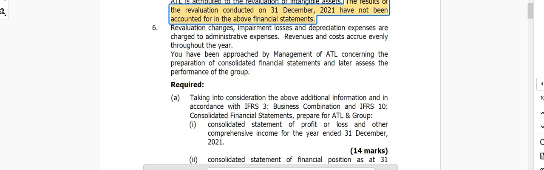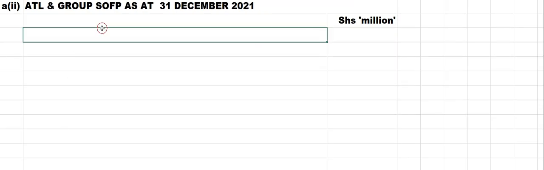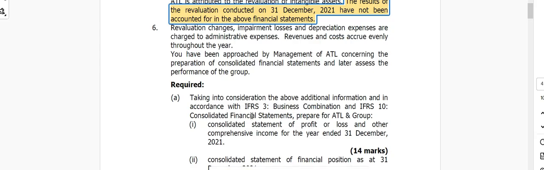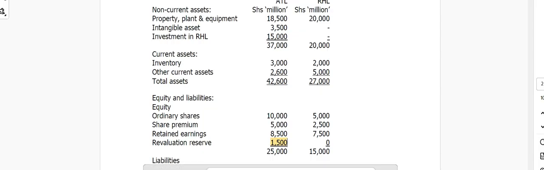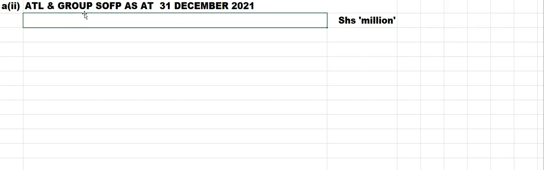Let's do the consolidated statement of financial position very fast. So what are the items on the face of our statement of financial position? Non-current assets first.